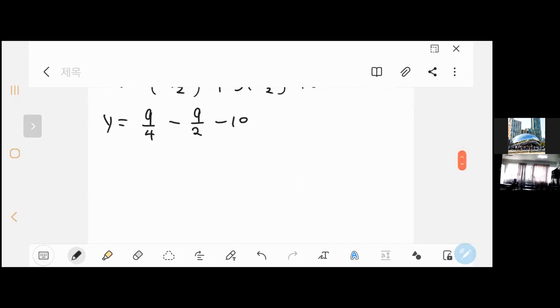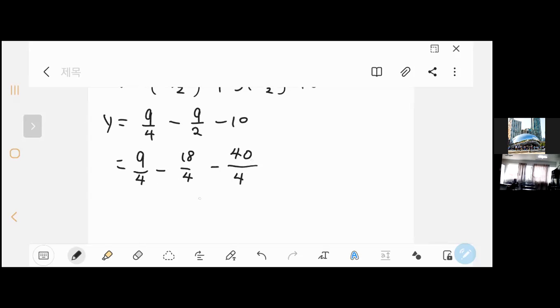I'm going to get the common denominator, which is 4. This might confuse you a little bit, so let me rewrite this. I know 9 over 2 is 18 over 4. And minus 10, if you want to make the denominator 4, it's going to be 40 over 4, right?